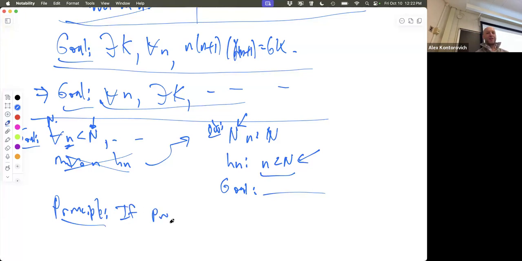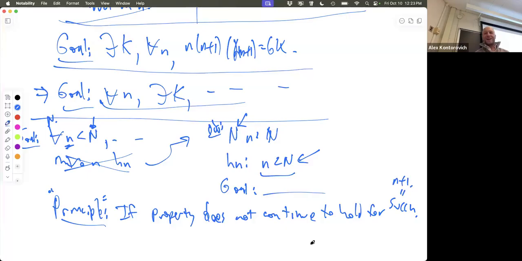If some property does not continue to hold, and there are counterexamples to this principle, so it's a very loose principle, but as a weak rule of thumb, if a property does not continue to hold for the successor of n, in other words, n plus 1, then that is not a good variable for induction.